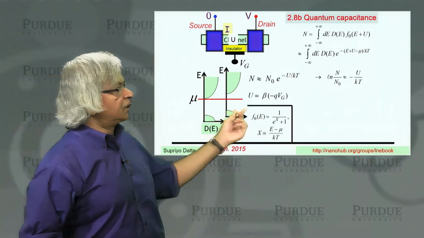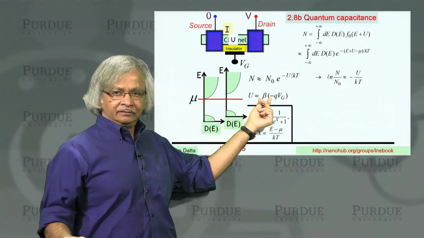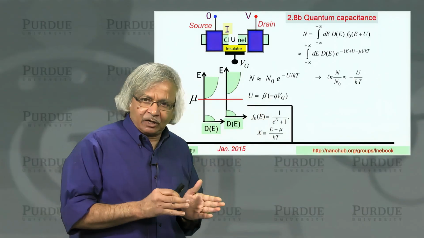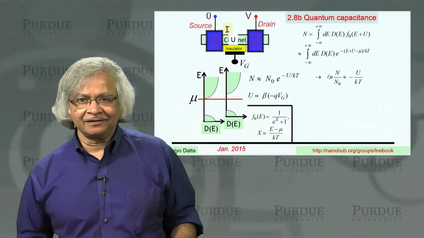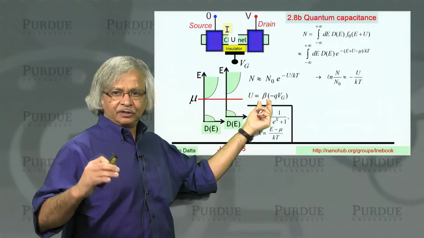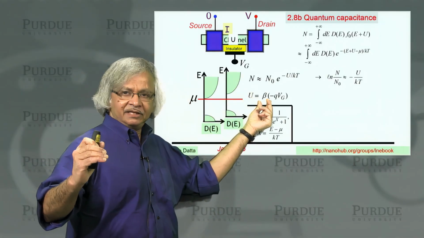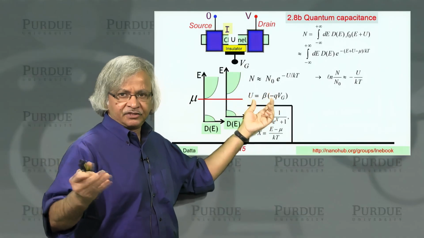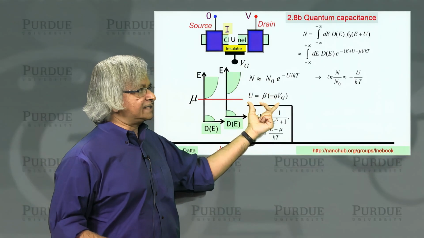So that would correspond to having a beta of 1. Now, in practice, the beta is usually less than 1. It depends on how good the electrostatic design is. So this is this non-ideality factor, which the best it can be is 1, and usually it's somewhat less, 0.8, 0.7, 0.6, right? So that's this U.